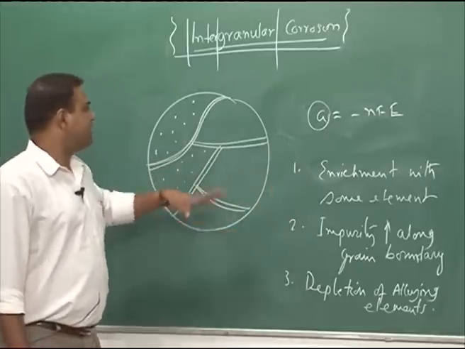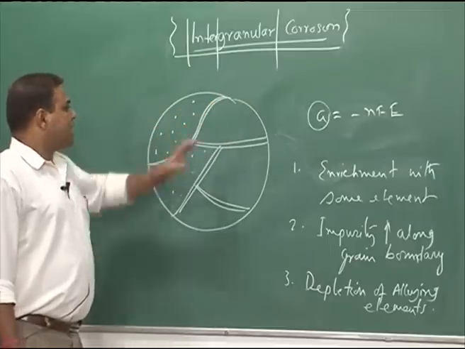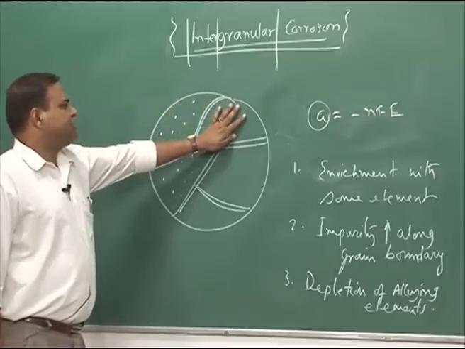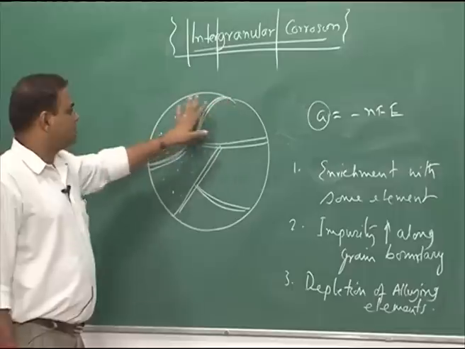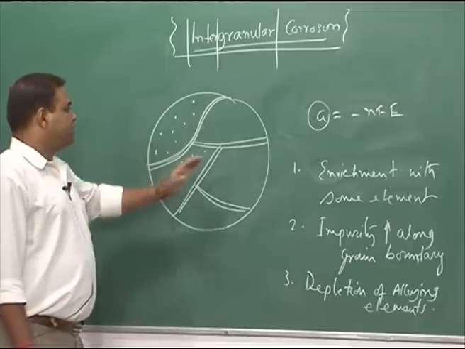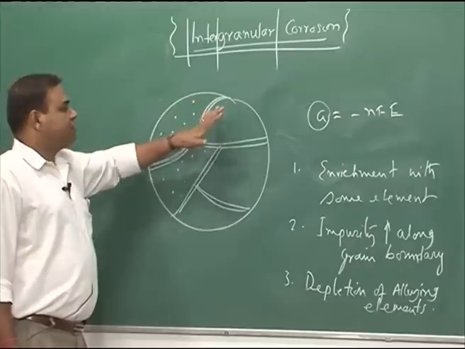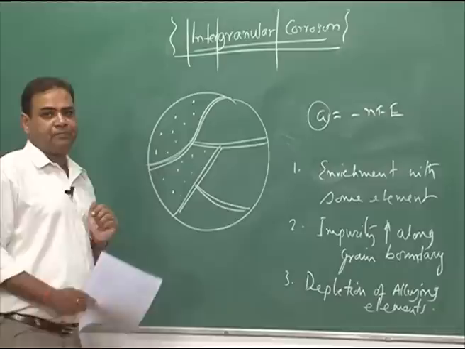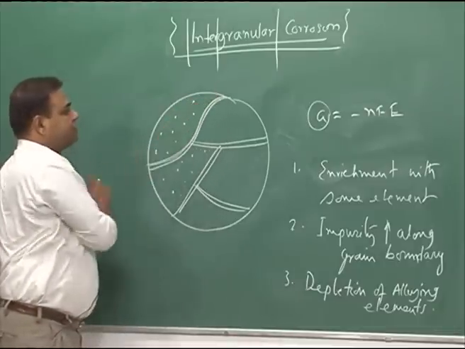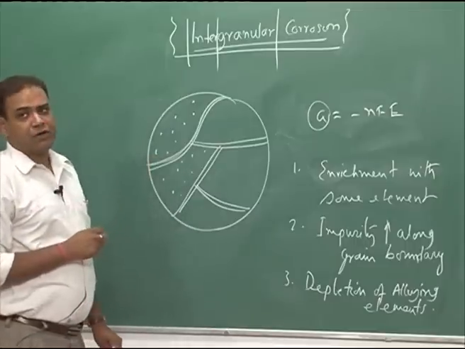These three conditions can make the grain boundary so active that the other part will be almost protected, with very little corrosion on the rest of the material except the grain boundary zone, and the grain boundary attack would be so severe that the material can fail. Now, this kind of preferential attack along the grain boundary is termed intergranular corrosion.